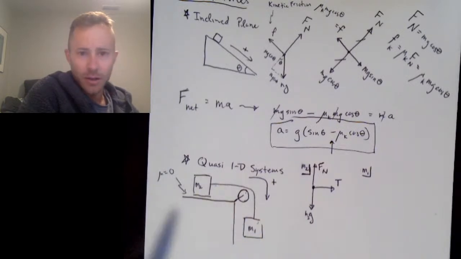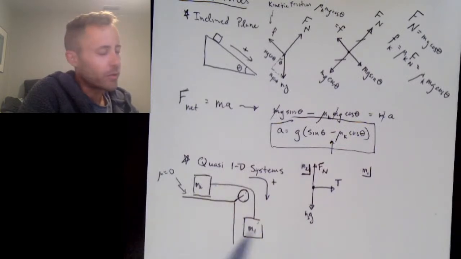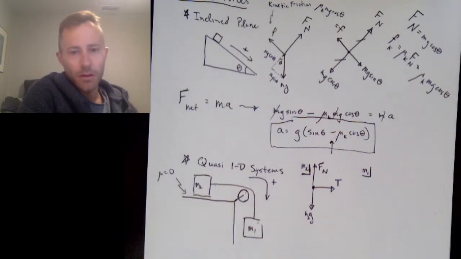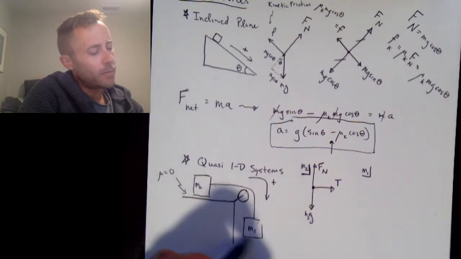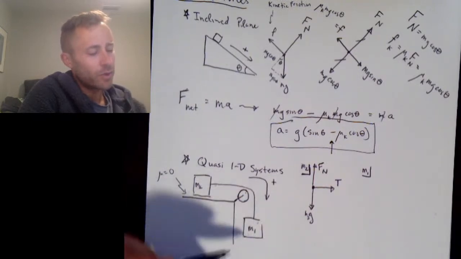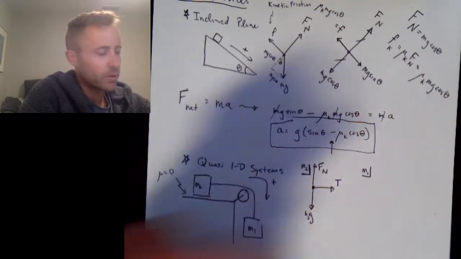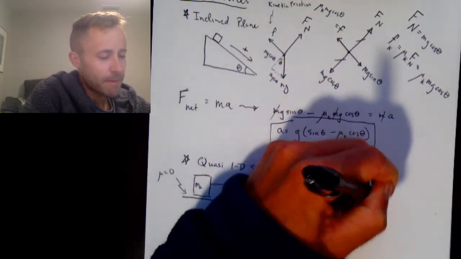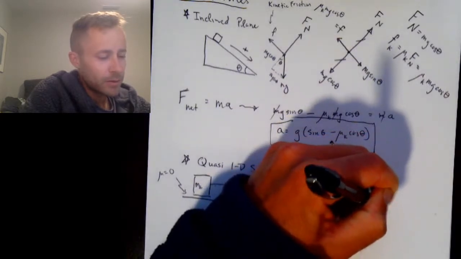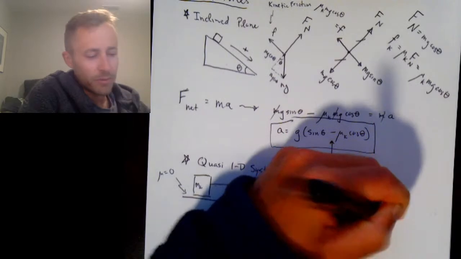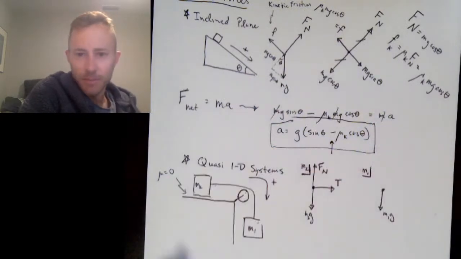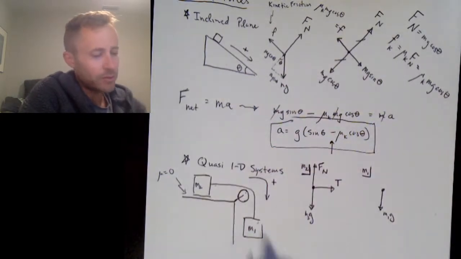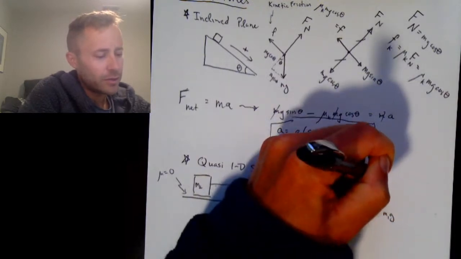So all it has is weight force going down. The weight force is different because it is a different sized mass. And then it has tension going up.